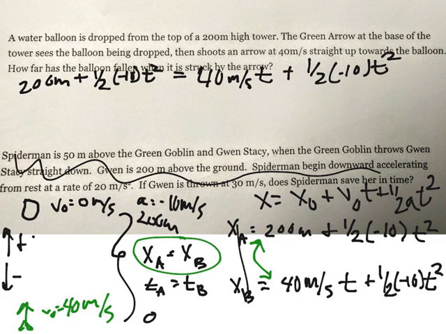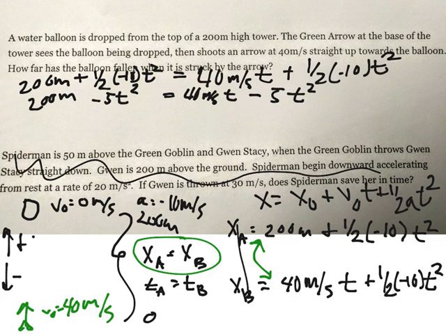Alright, let's simplify things a bit. Negative 10 times 1/2 is a negative 5t squared. So you have 200 meters minus 5t squared, and you have 40 meters per second times t minus, again, 5t squared.